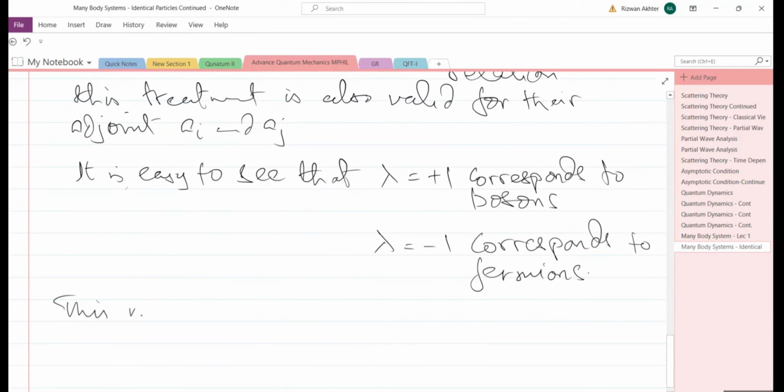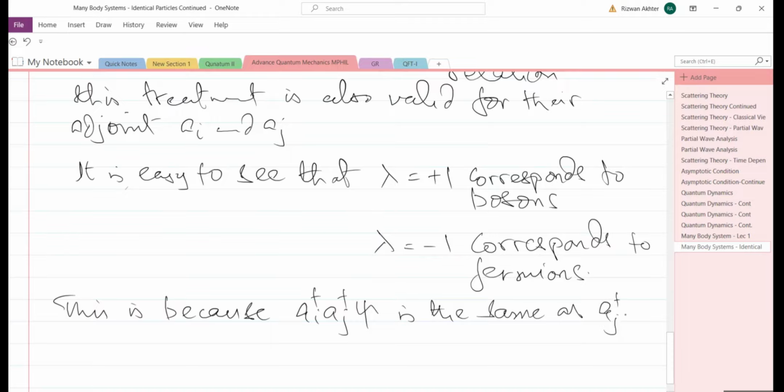This is because AI dagger, AJ dagger acting on psi is the same as AJ dagger, AI dagger acting on psi, but the only difference, but with states I and J interchanged.